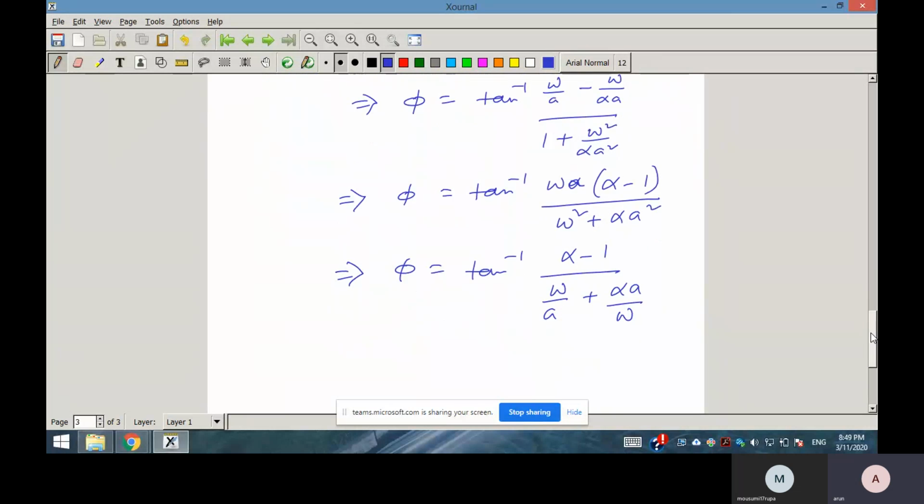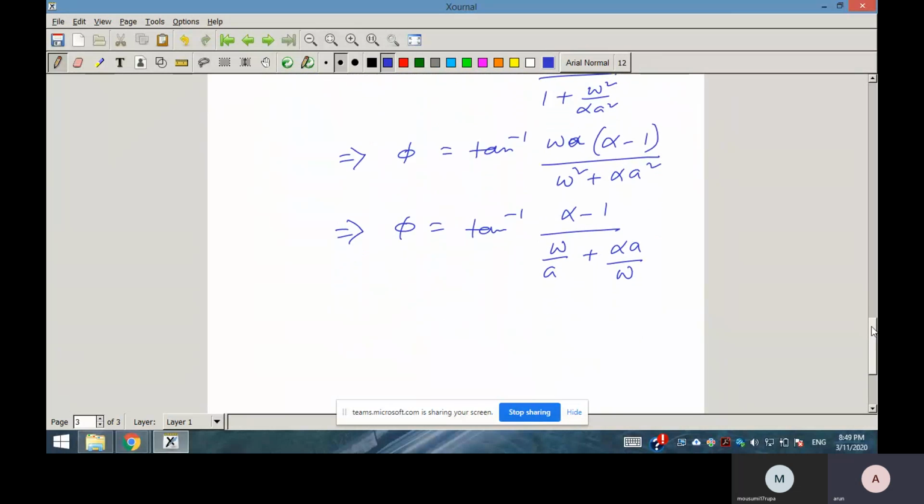So what is the maximum phase it can provide? For maximum of phi, omega by a plus alpha a by omega should be minimized. So for phi equal to phi m, omega by a plus alpha a by omega should be minimized.